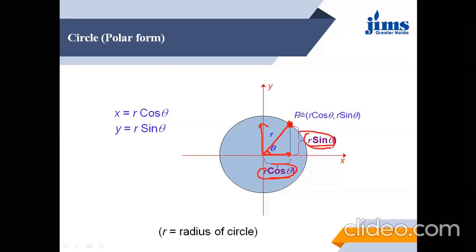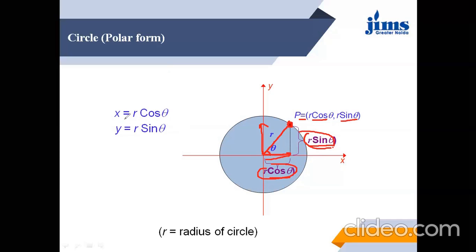Suppose this is a point P. We can write this point in the form of x coordinate r cos theta and y coordinate r sin theta.